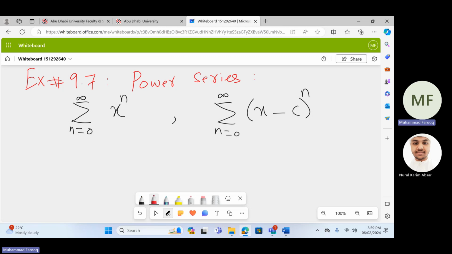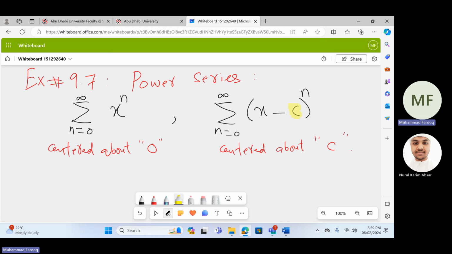So whenever you have a power series like this, it is centered about zero. And this power series is centered about the point c, whatever you have here. So this is centered about that point.